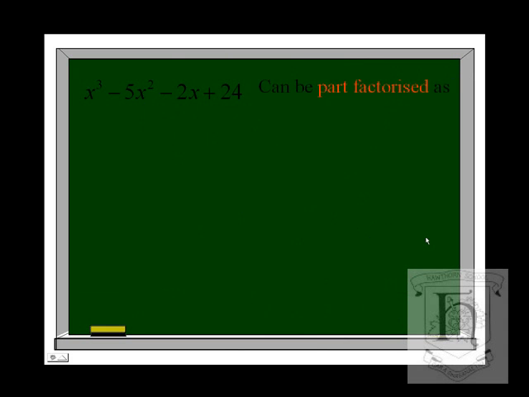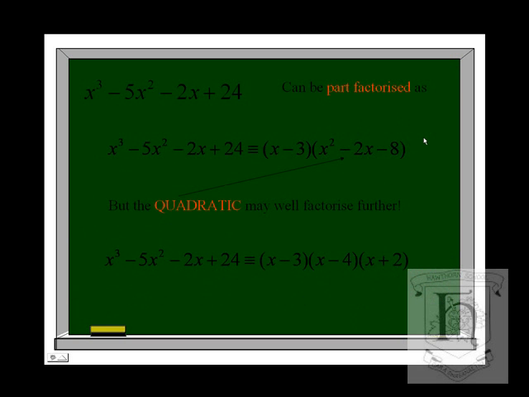So now we can split our cubic function into a product of x minus 3, that's what we divided by, and the quadratic function, which, if you remember, was the answer to the division. The quadratic in this case will factorize further. Using standard GCSE skills, we can factorize into 2 linear factors.